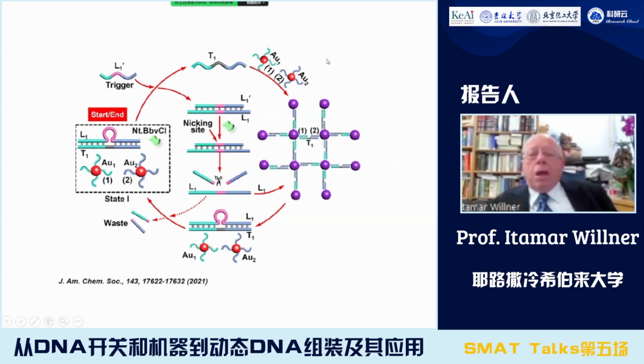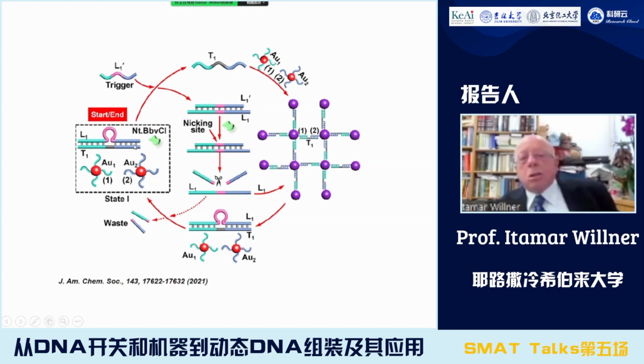Here we can see a further example of application of such a dissipative system, and it is on the aggregation of nanoparticles. We take a duplex L1T1 in the presence of two types of Au nanoparticles that are stabilized by nucleic acid 1 and 2. We have in the system the nicking enzyme.